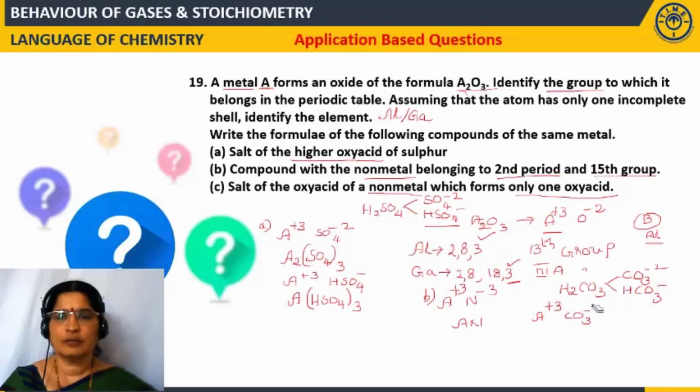CO3 minus 2 means you get A2(CO3)3. If we take HCO3 minus with A plus 3, we get A(HCO3)3. If we write like this, you don't get confused.